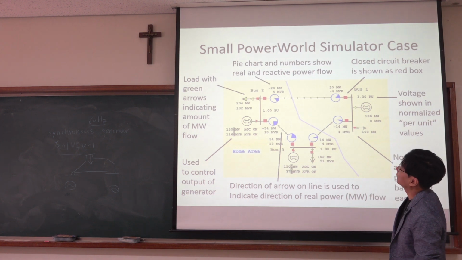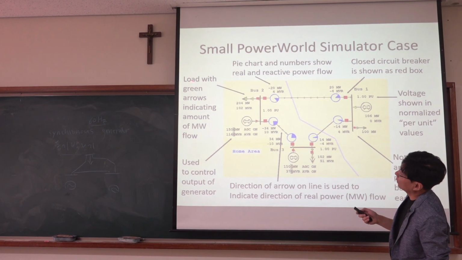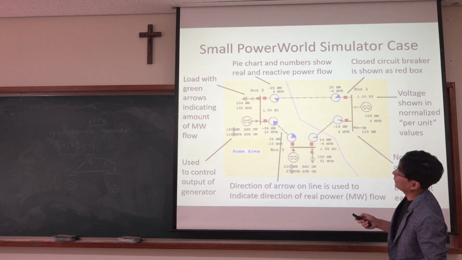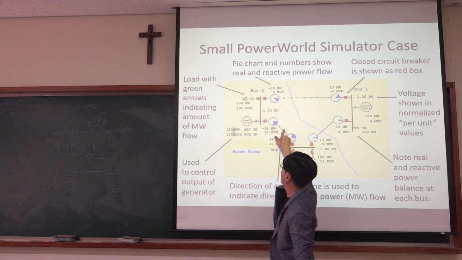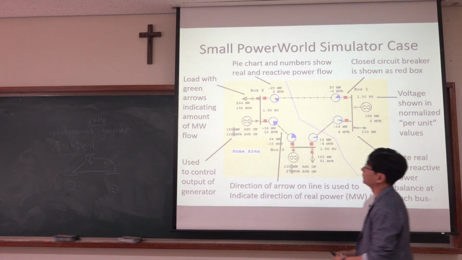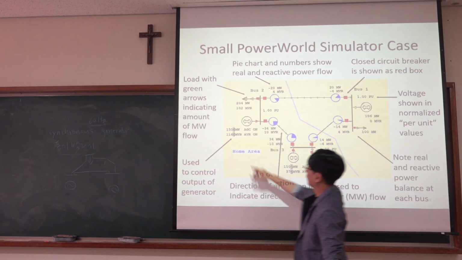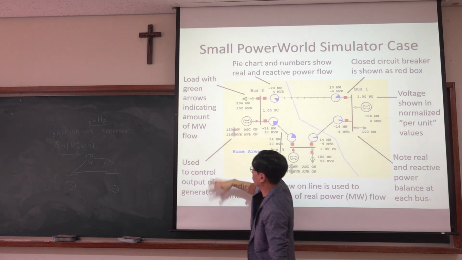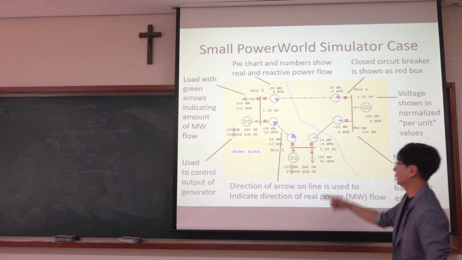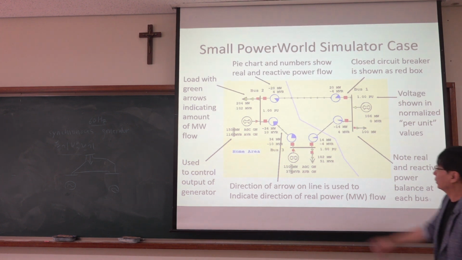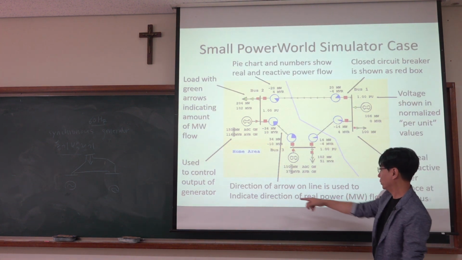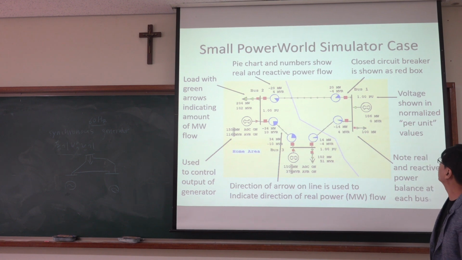And what else? Loads with green arrows indicating amount of megawatt flow. Okay, so it also visualizes the direction of the power flow. And this kind of arrow is used to increase or decrease the output of the generator or load. And the direction of the arrows on line is used to indicate direction of real power.